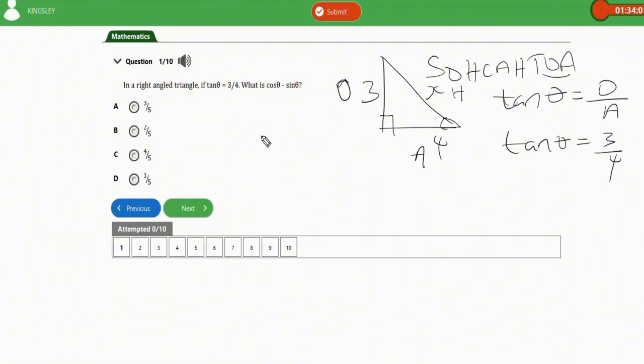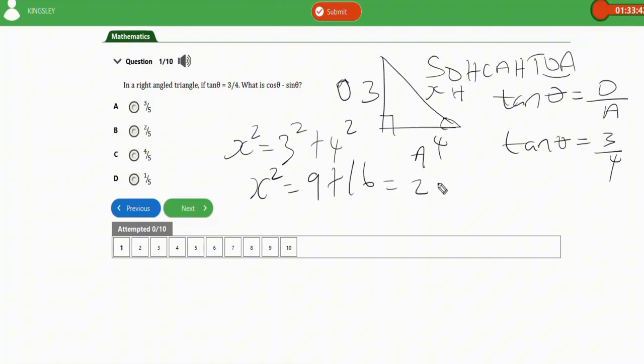So x square equals 3 square plus 4 square, which is 9 plus 16, which equals 25. Square root both sides. So the square root of 25, x is 5. So the hypotenuse side will be 5.